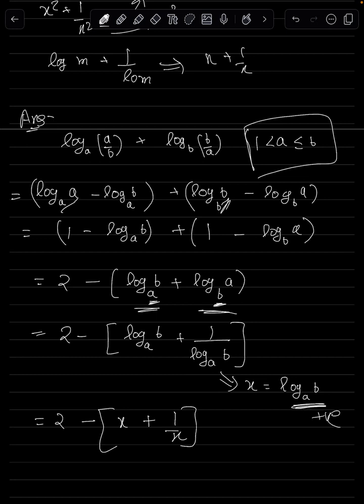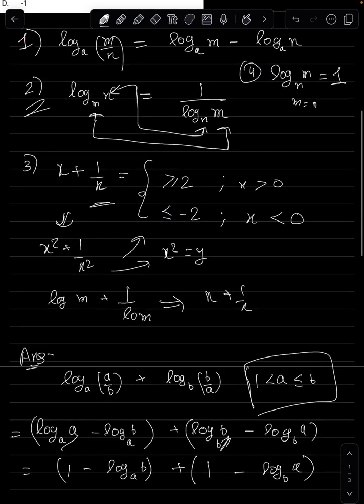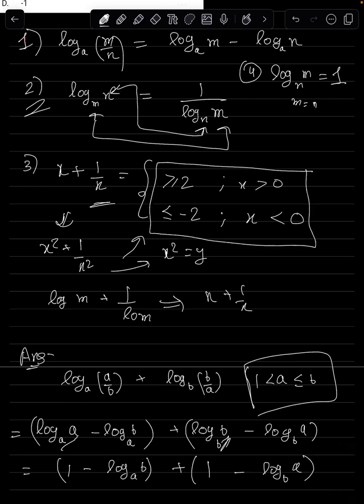So that means x is positive. Even if we don't consider whether it will be positive or negative, if you don't remember this, it doesn't matter. If you just remember that this value is greater than or equal to 2 or less than or equal to minus 2, it will be sufficient.